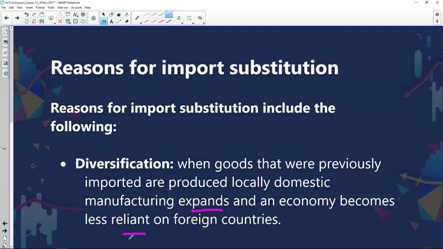We're trying to diversify our products and our services, and also we know that the domestic manufacturing market will expand because now these goods are produced locally, and the fact that we are now less reliant on the foreign market is a good thing, because although we may not be fully self-sufficient, it's important that we are not fully reliant on other countries for goods and services.